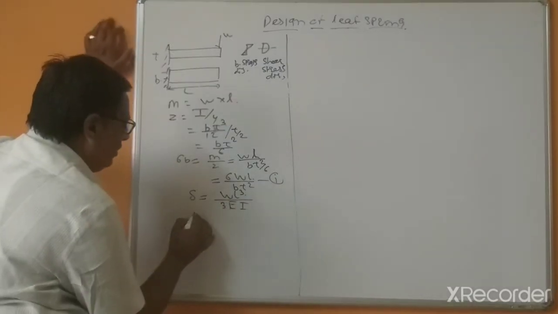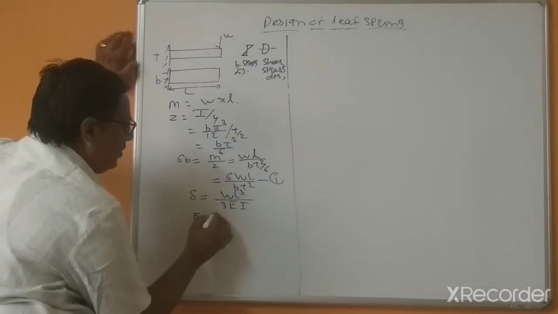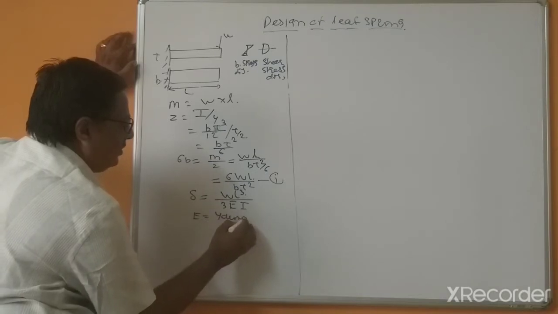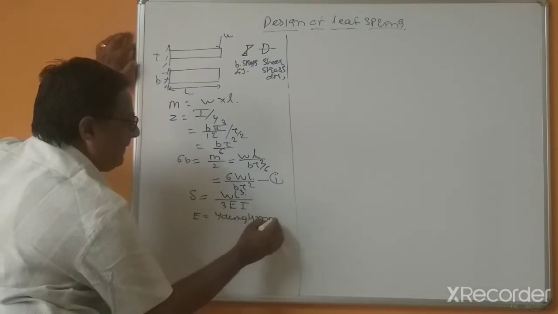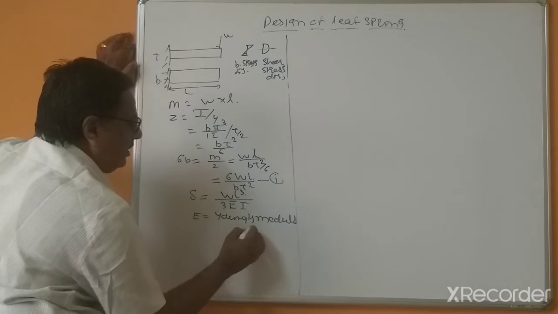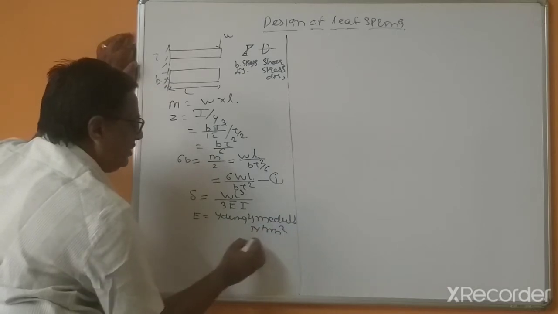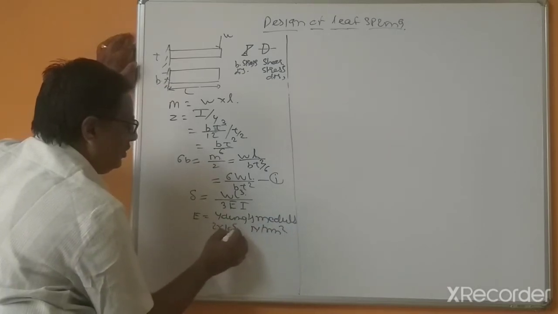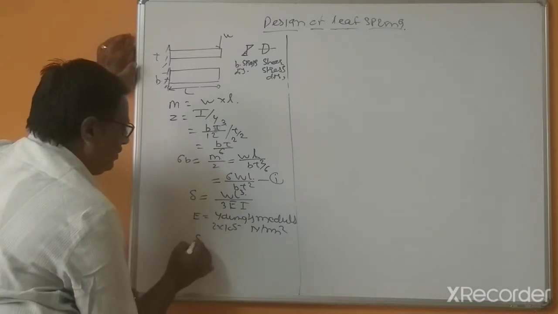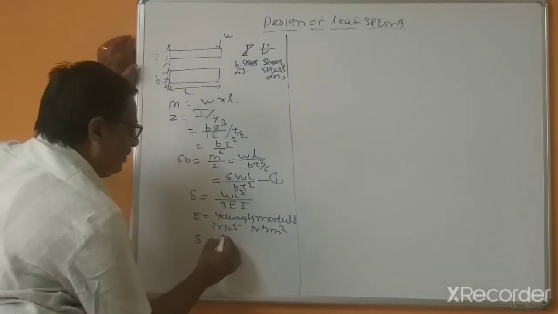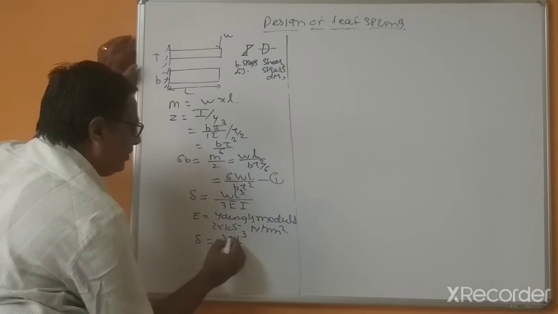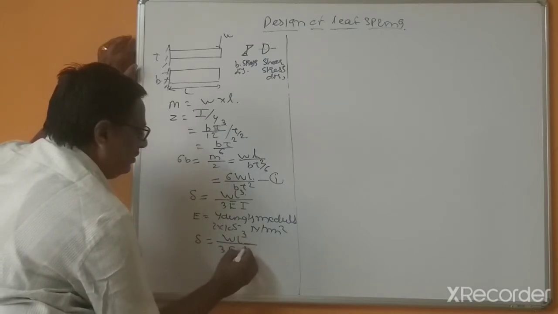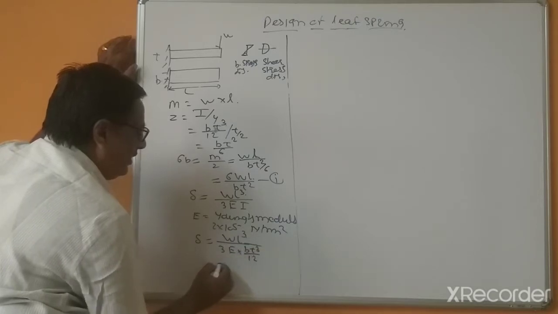E is Young's modulus, in Newton per mm square, generally 2 into 10 to the power 5, and I equals bt cube divided by 12.